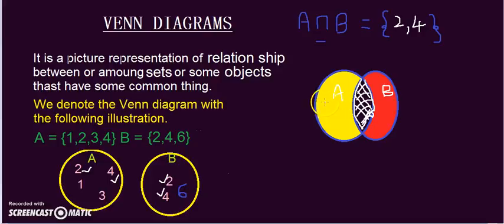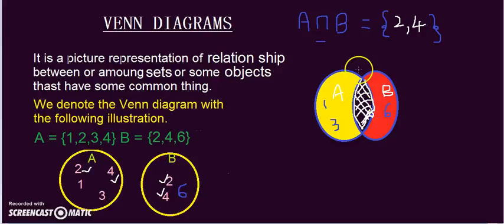In A you will have only the elements 1 and 3, and for B you have 2, 4 and 6, of which 6 is not common.